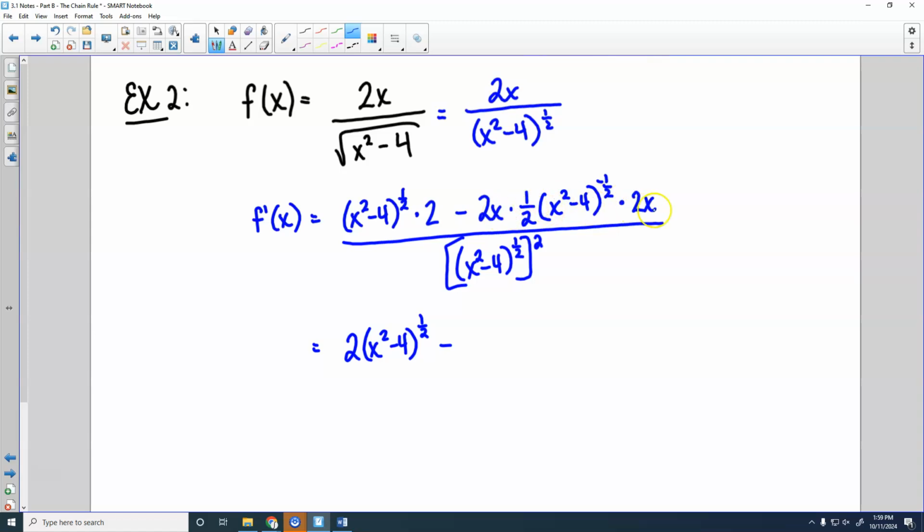And then you've got 2 x's, so you'll get 2x squared, and then we're just going to put that x squared minus 4 to the negative 1/2 over x squared minus 4, to what power will we get there? To just the 1, which really isn't necessary to write there.